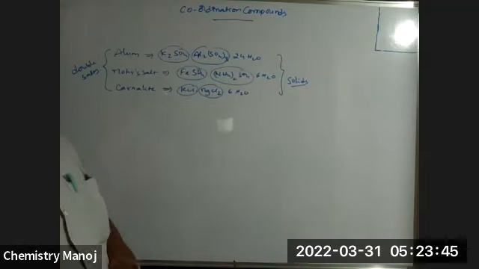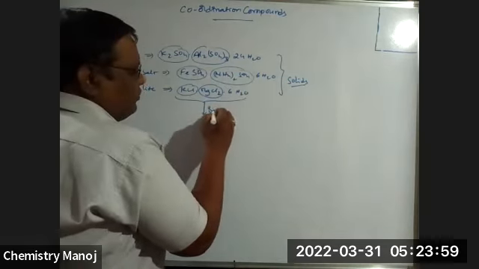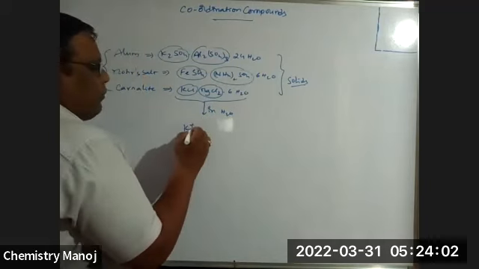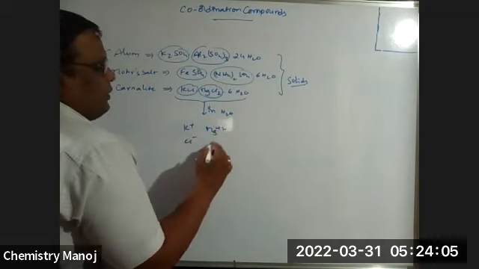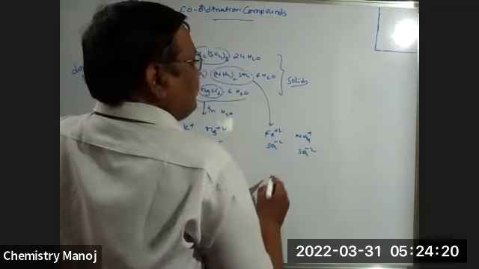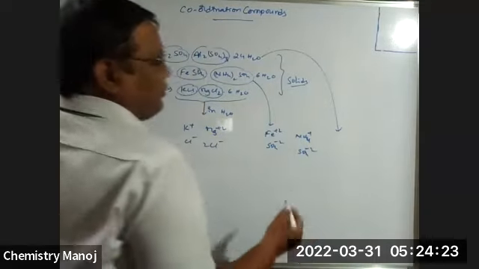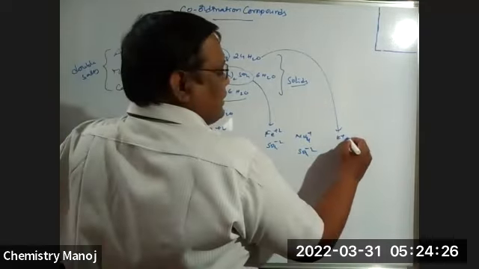But when these substances are dissolved in water, for example, if this is dissolved in water, it breaks down into K+ ion, Cl- ion, Mg2+ ion, Cl- ions. If this is dissolved in water, that gives Fe2+ ions, SO4 2- ions, NH4+ ions, SO4 2- ions. If this one is dissolved in water, that gives K+ ions, SO4 2- ions, Al3+ ions, SO4 2- ions.